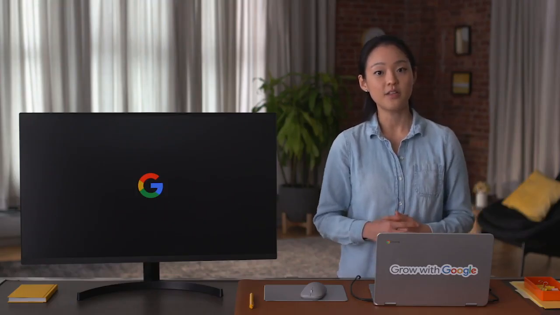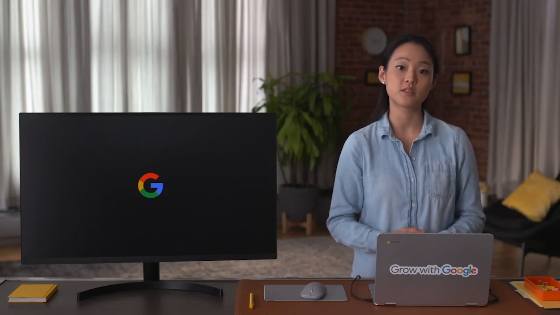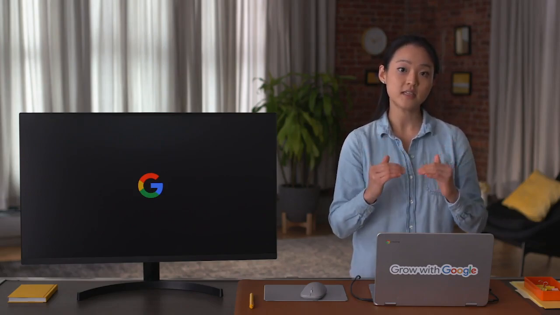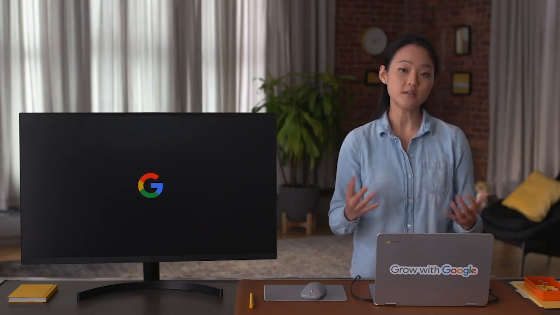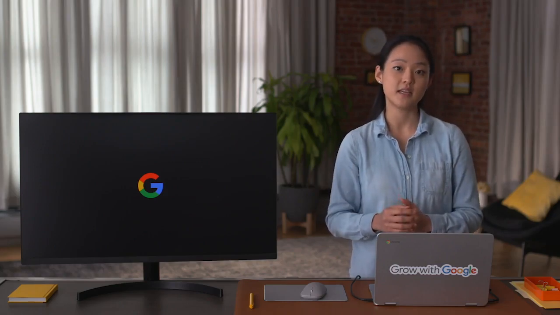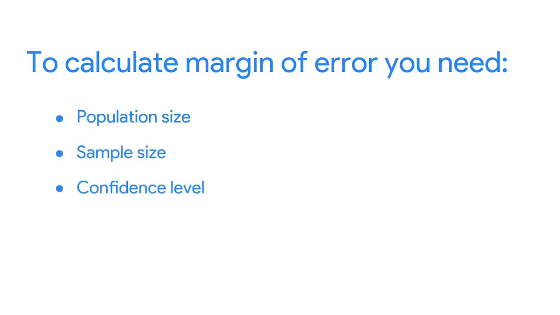In general, the more people you include in your survey, the more likely your sample is representative of the entire population. Decreasing the confidence level would also have the same effect, but that would also make it less likely that your survey is accurate. So to calculate margin of error, you need 3 things: population size, sample size, and confidence level.